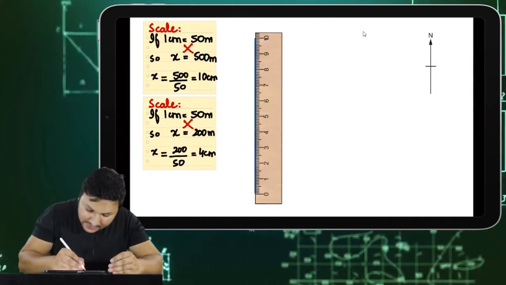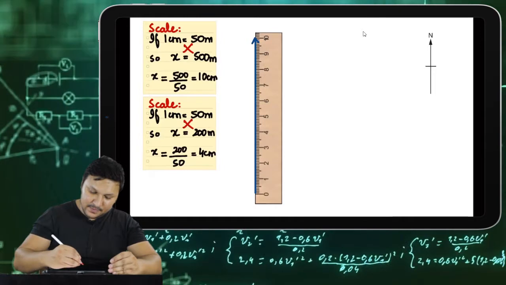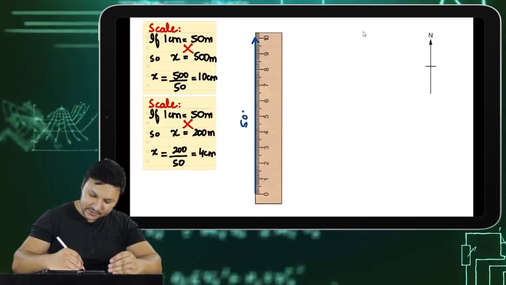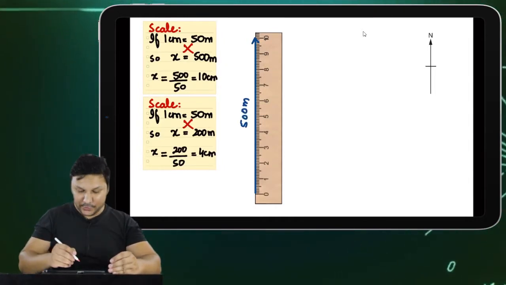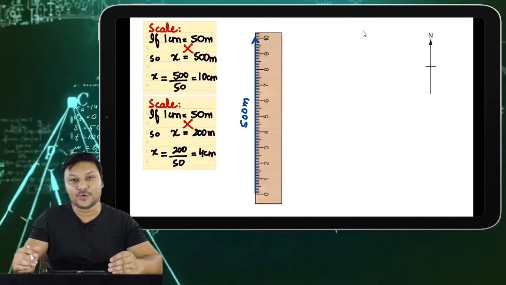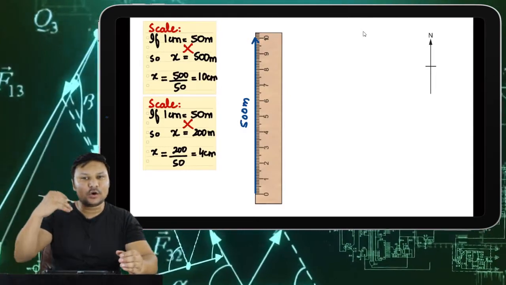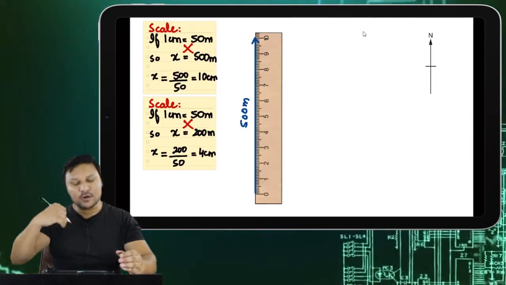Okay. And I will draw the arrowhead. I will label this vector as 500 meters. Now what do I have to do? I have to make another vector, and that is a vector of 200 meters. It's up to you if you draw a vector of 200 meters on the upside or on the downside.